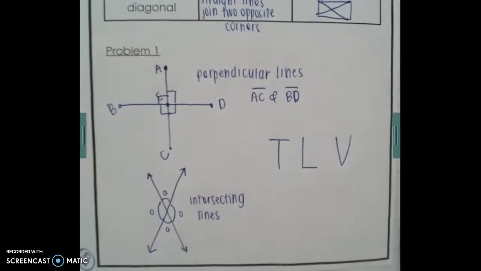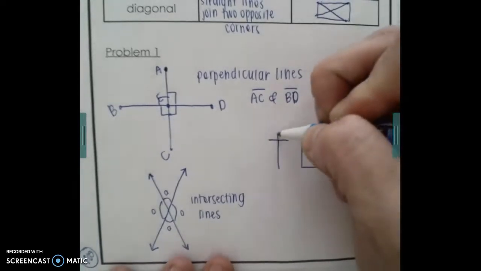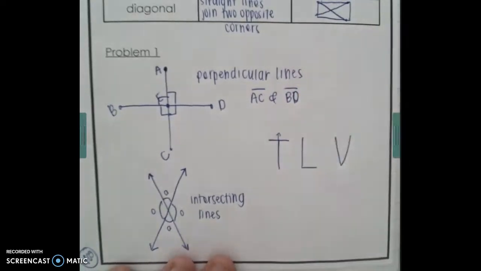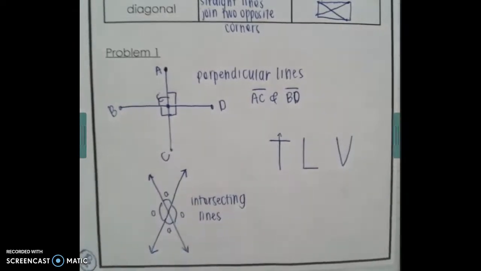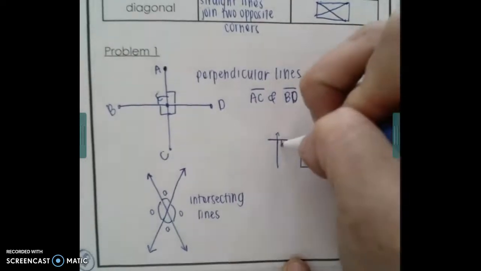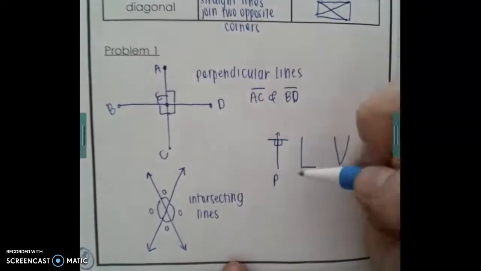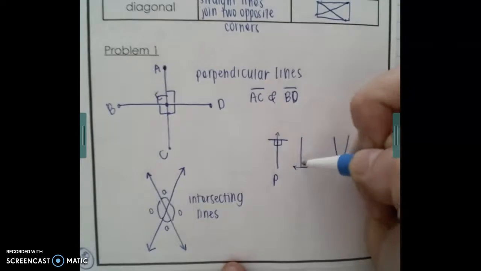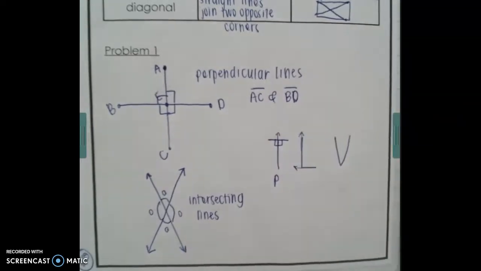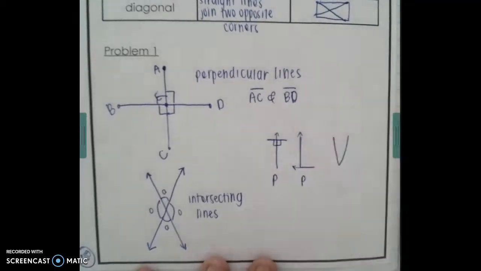So looking at T, let's pretend it just kept going on up here. They go across. Would this be intersecting or perpendicular? We should say, I can see that they cross and make 90 degrees. So this is going to be perpendicular. What about L? This line kept going this way and this line kept going this way. Would this be perpendicular or intersecting lines? Perpendicular, right?